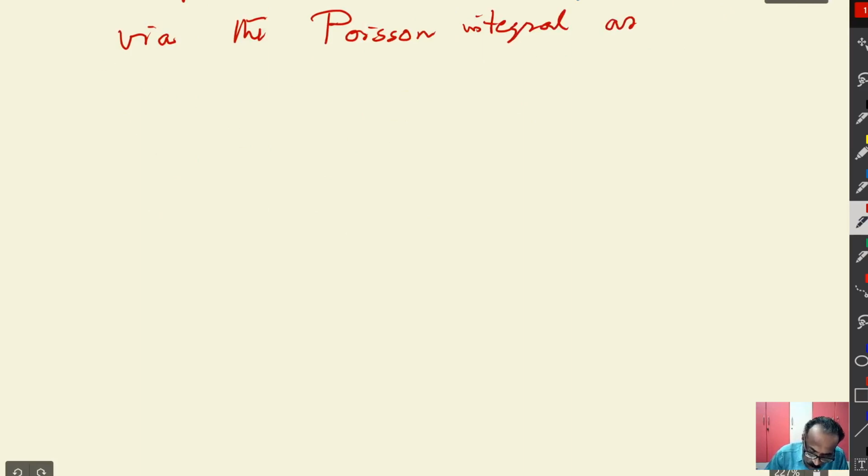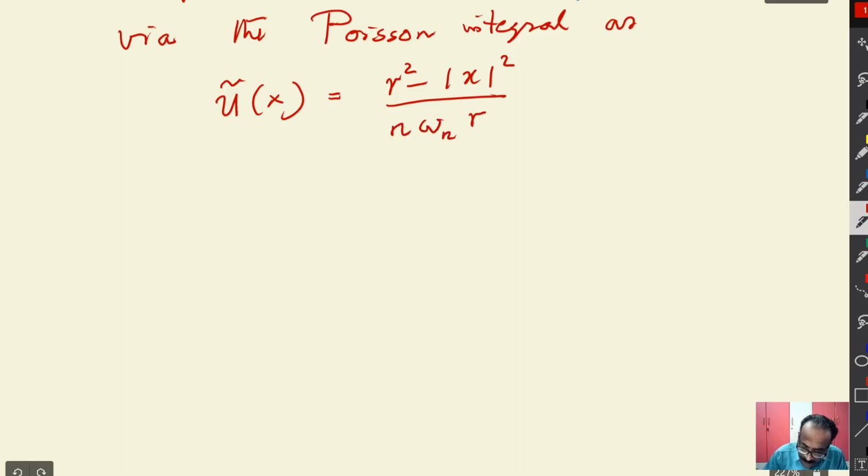as U tilde of x is equal to (R square minus modulus of x square) by n omega n R times the integral over the boundary of B_R of U of y. G is U here. This is your G, because I am only using boundary values.